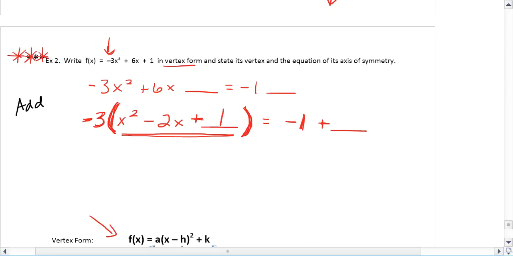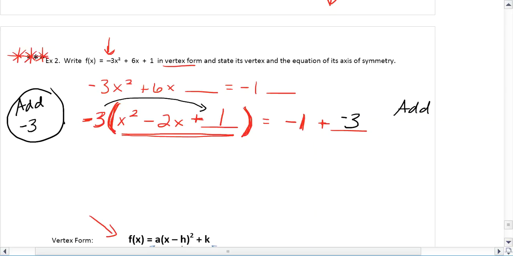Because if you look at this distribution here, you didn't add a 1. You added whatever negative 3 times 1 is. In this case, negative 3 times 1 is negative 3. So in reality, you added a negative 3 to this side. Therefore, you must add a negative 3 to the other side. Have to do the same thing to both sides.